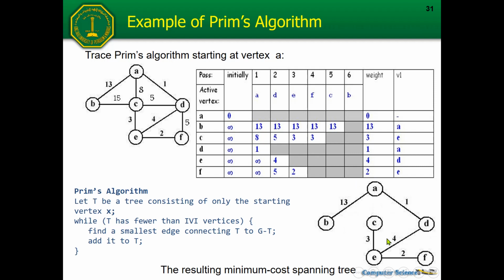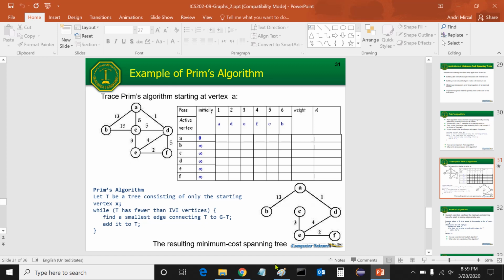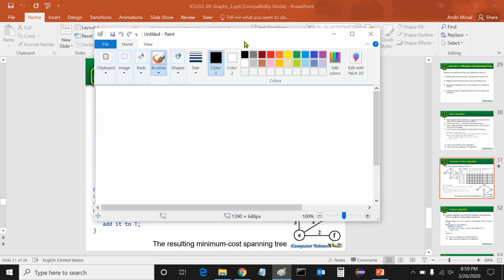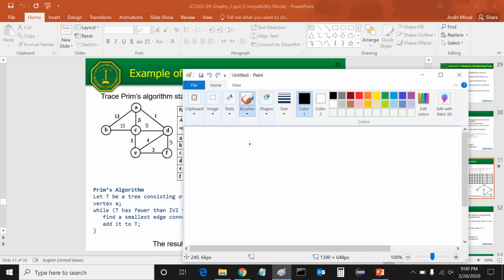I will show you how to derive the corresponding minimum cost spanning tree for this input graph. The steps are simple actually. So now what you need to do is, first, draw the vertices.